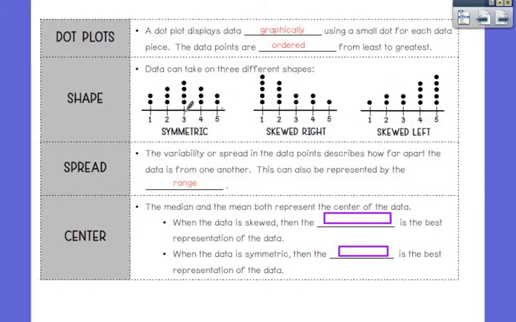Same thing with this one. Symmetric, you're probably going to have the median and the mean be the same number. When the data is skewed to the left or right, then the median is the best representation of the data. So the median is going to show you your best average.